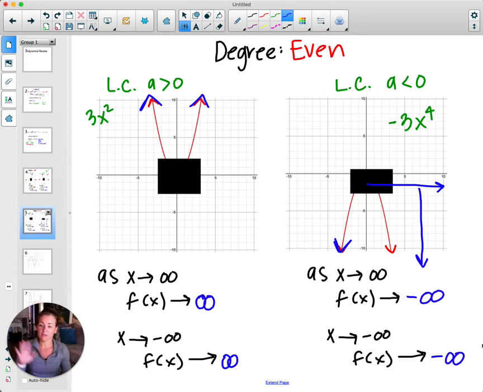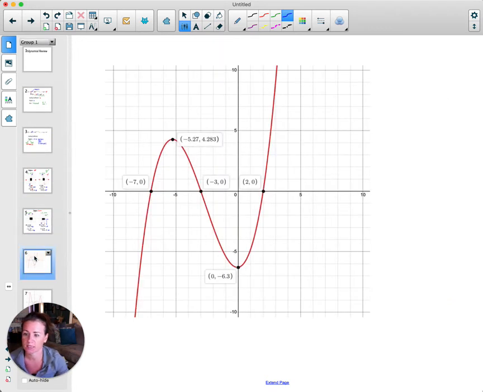So if they go in opposite directions, it's an odd degree, and if they go in the same direction, it's an even degree. So let's take a look at a graph here and see what we can tell about it. You don't have the function listed here, but you can tell a few things about it. We can see that this side of the function is going up, this one going down.